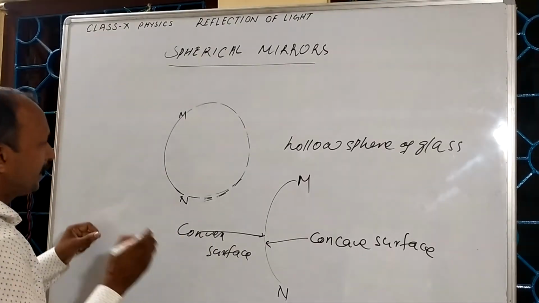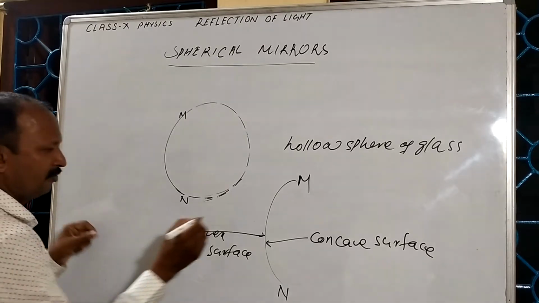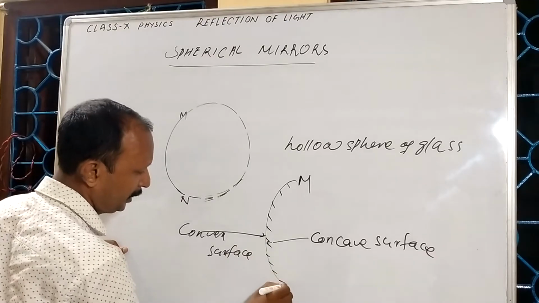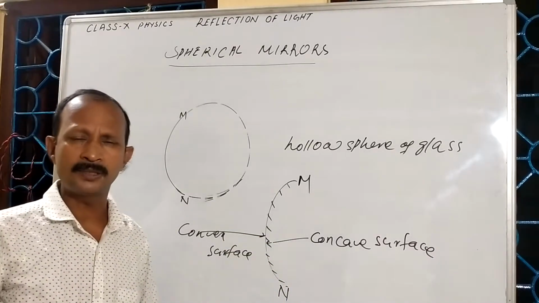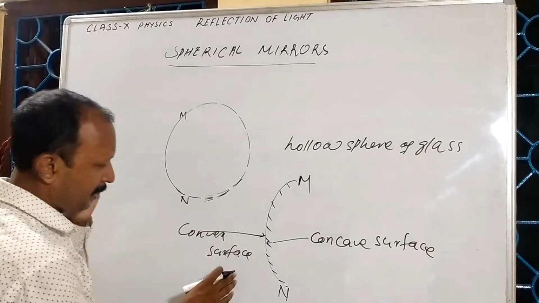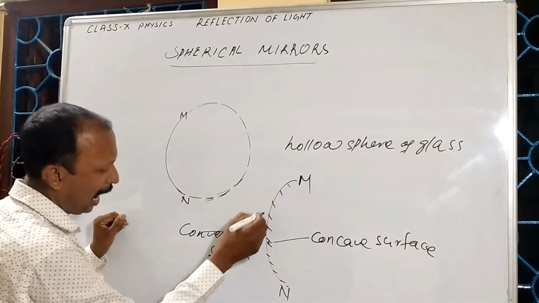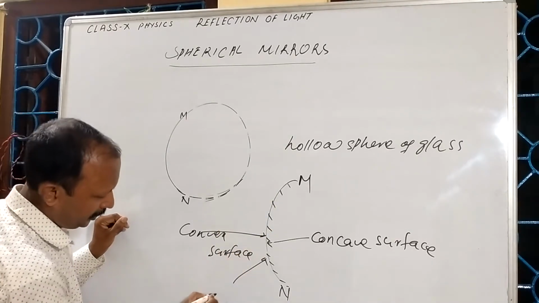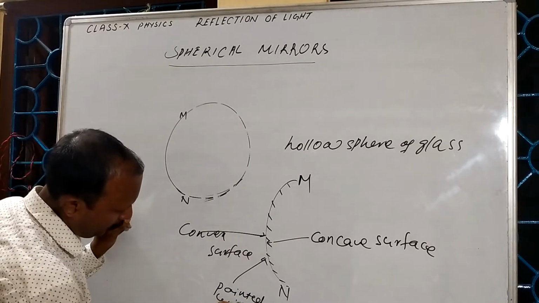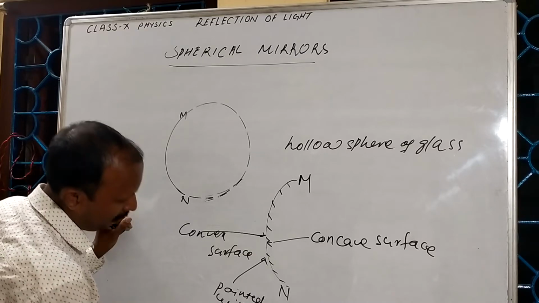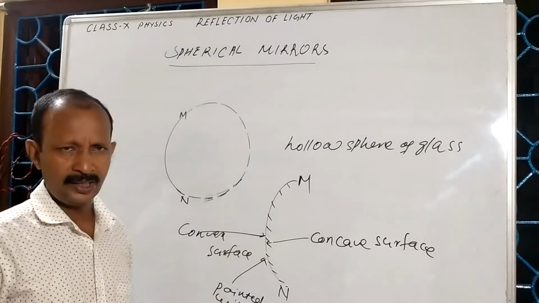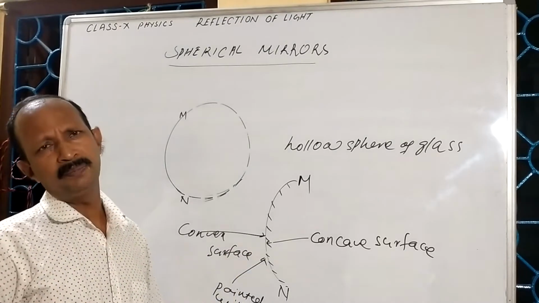Suppose this concave surface I have polished, or you can say it is painted with reflecting substances like silver. See here, in this case, the outward surface is painted with silver, and this oblique line represents the back side of the mirror.